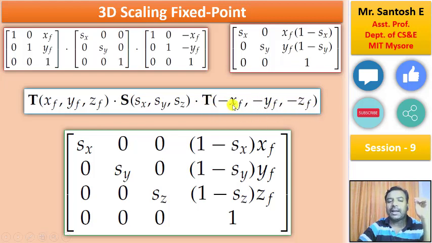The same thing I am doing here. Hence, I get this matrix even with the z component and the fixed point. This is the matrix I am going to use for 3D scaling at a fixed point, and this is the matrix I was using for 2D scaling at a fixed point.